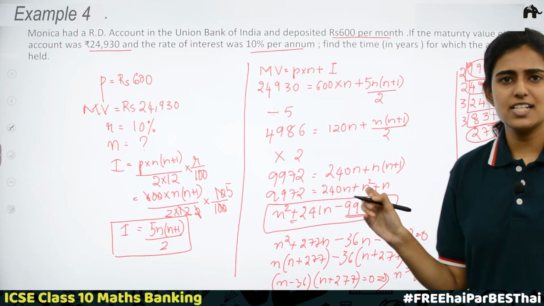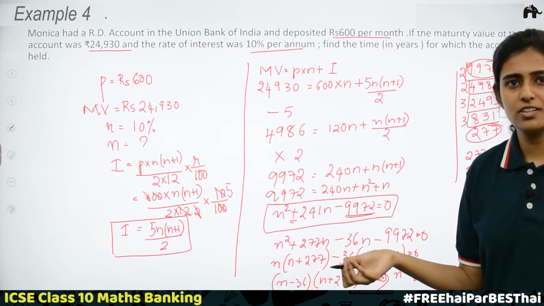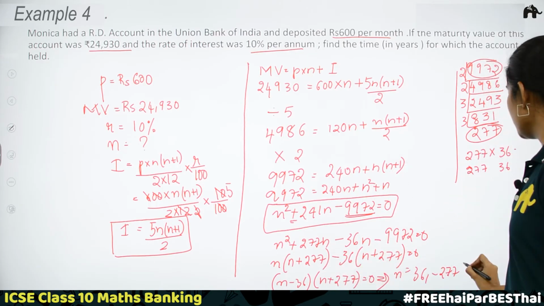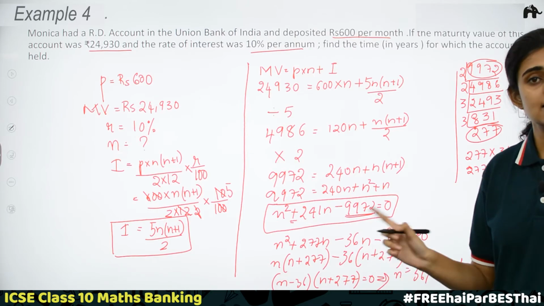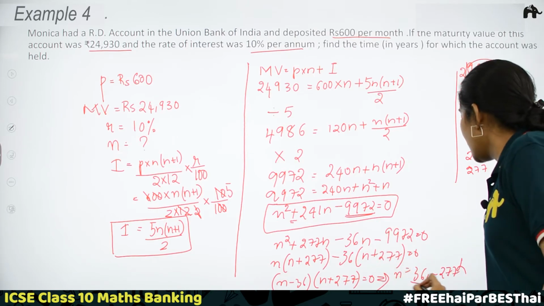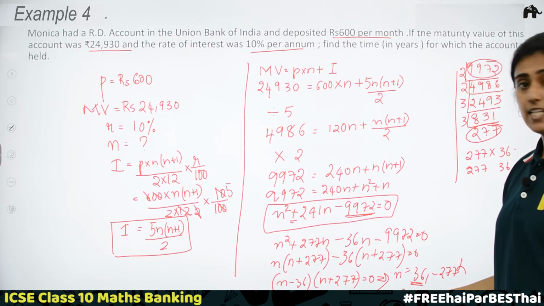Can the number of years be equal to a negative value? That is not possible, which means we have to neglect this value. We cannot take this negative 277. So the possible value is 36.